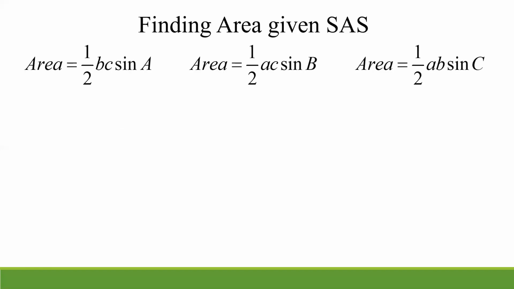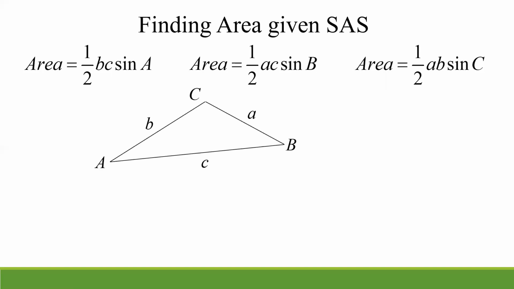So the first way is that SAS case. Again, if you're given two sides and the included angle. I put three different formulas up there, but I want you to see that they're all the same thing. I just drew a random triangle, labeled it the exact same way that we did with the law of sines and law of cosines, with the angle and the side opposite to each other. Notice if I have 1/2 BC sine A, the BC and the angle A, that's your side angle side case.